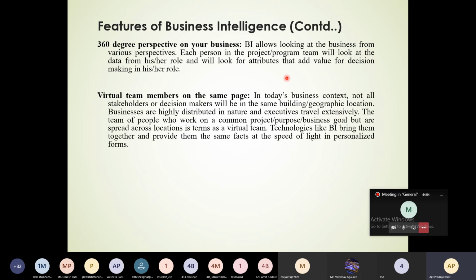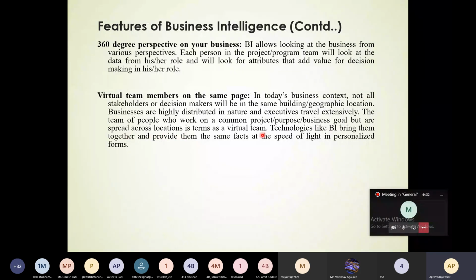Virtual team members on the same page. In today's business context, not all stakeholders or decision makers will be in the same building or geographic location. Businesses are highly distributed in nature and executives travel extensively. A team of people who work on a common project purpose or business goal but are spread across locations is termed a virtual team.